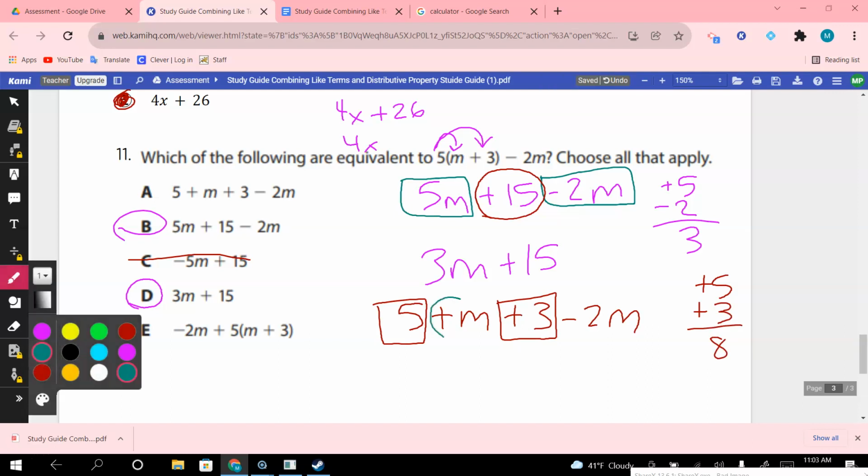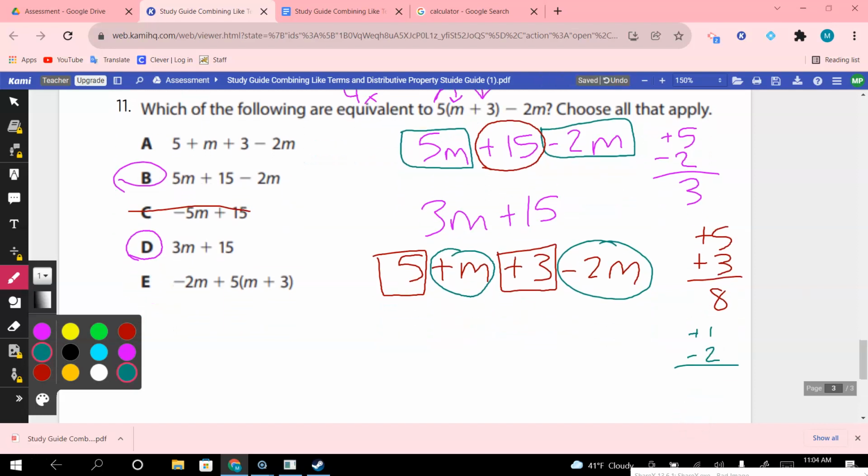Okay. So we have positive m and negative 2m. They have different signs. Positive 1, negative 2, different signs. We're subtracting. Keep the sign of the greater absolute value. So we have negative 1. So we have negative m plus 8. So that is not correct.